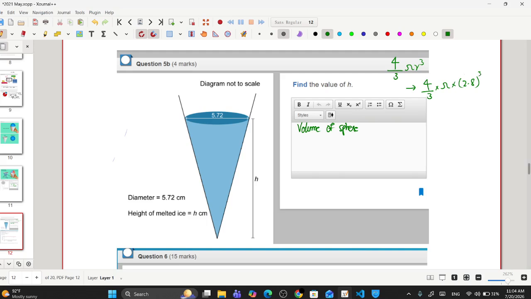So if you were to solve it, 4 over 3 multiplied by pi multiplied by 2.8 cubed would give us an answer of 91.95 centimeters cubed.